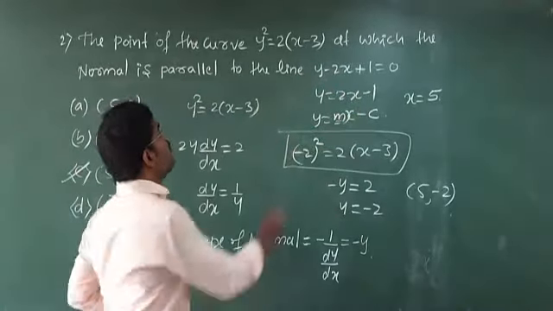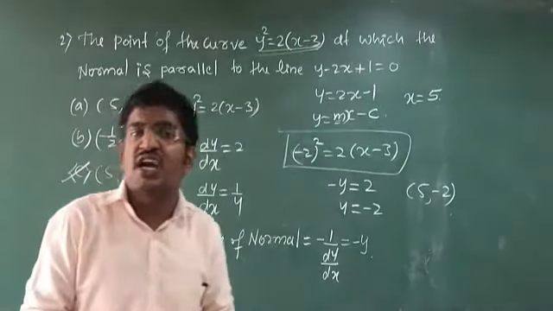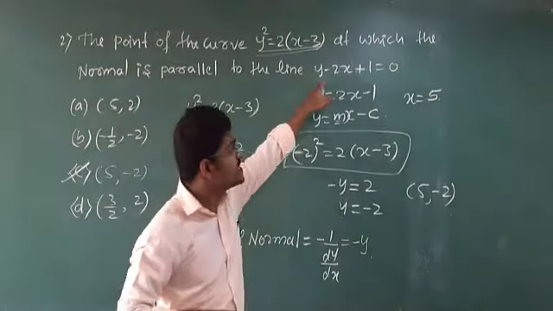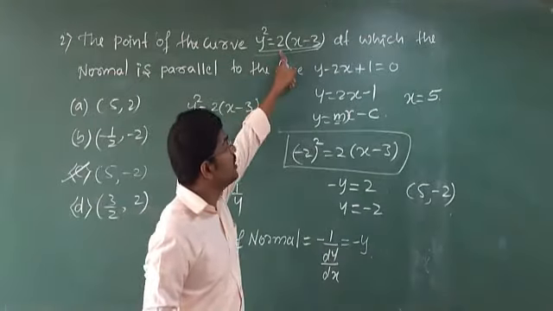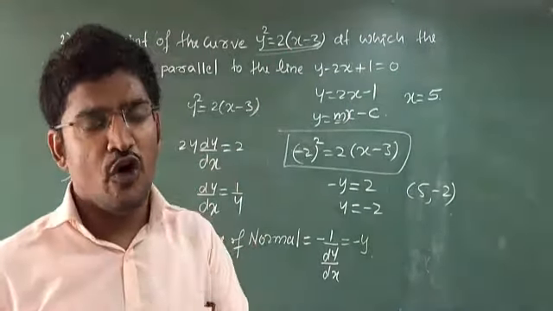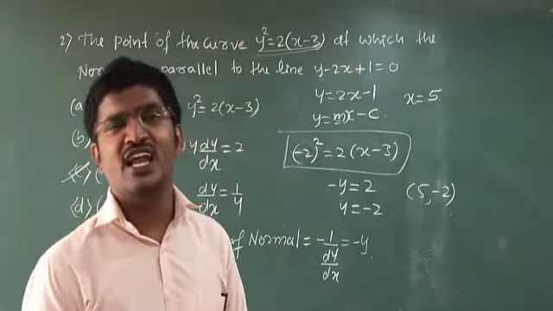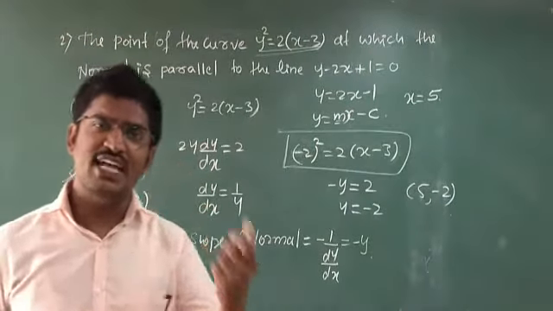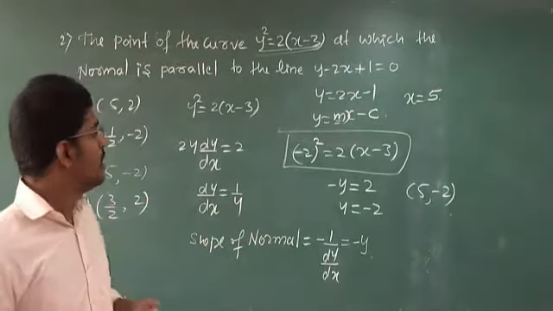That means you have to find the point on this curve at the condition of normal is parallel to this line. Which normal? Normal drawn to the curve is parallel to y minus 2x plus 1. Clear? So for that reason, as we all know, if two lines are parallel to each other, their slopes are equal. Clear? So using that condition, first I will solve slope of normal.